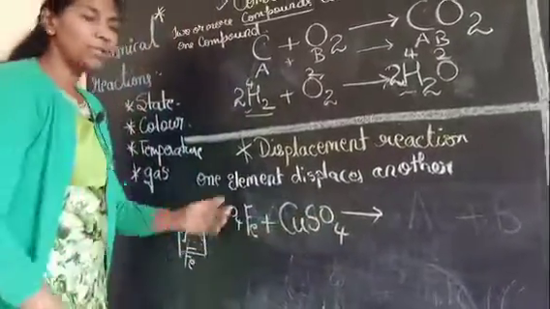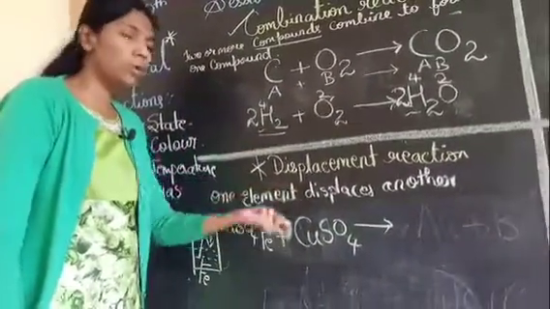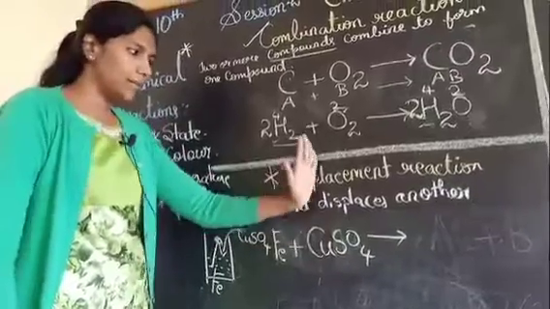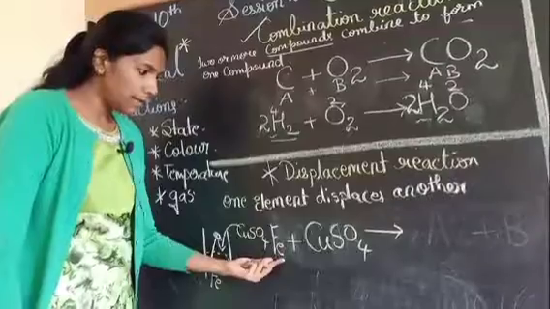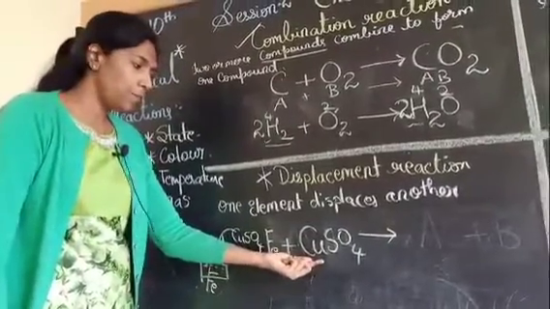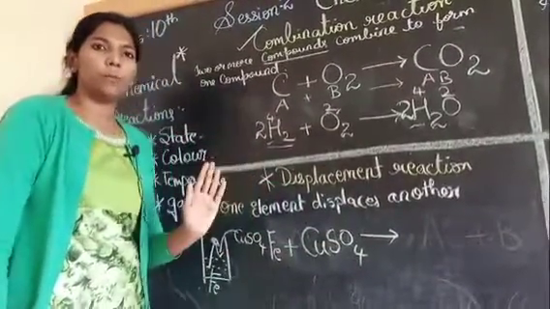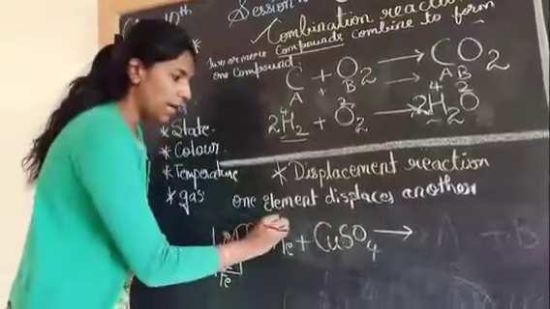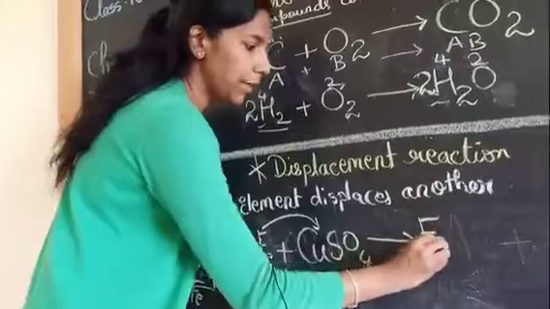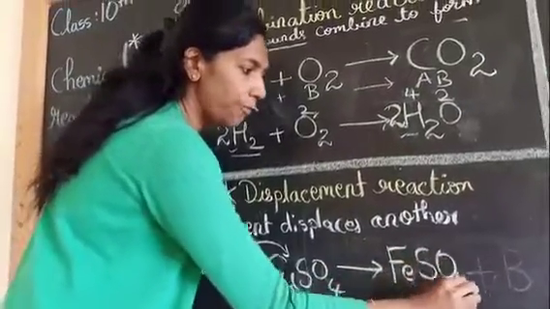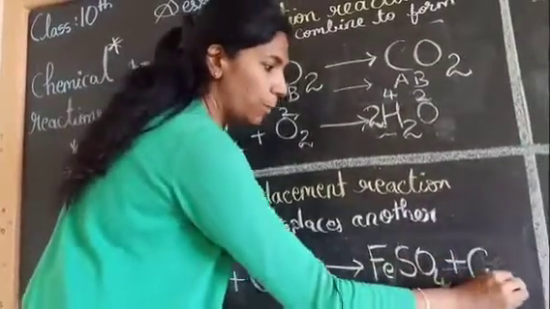As I have told you, the stronger one is going to react because these reactions are totally dependent on the reactivity series. Iron being stronger than copper, it's going to displace copper. So iron is going to take the place of copper. So it's going to be FeSO4 plus copper.